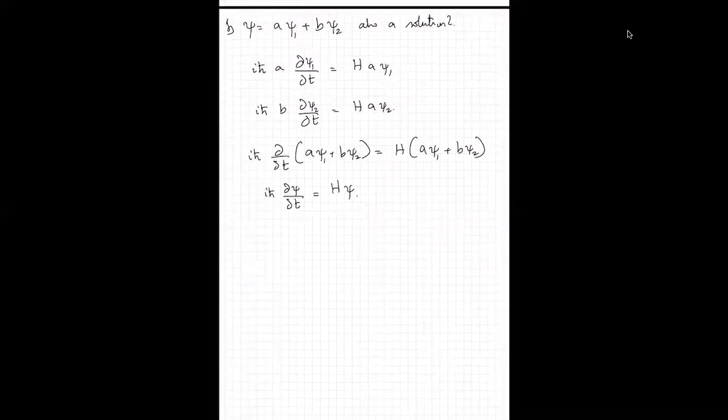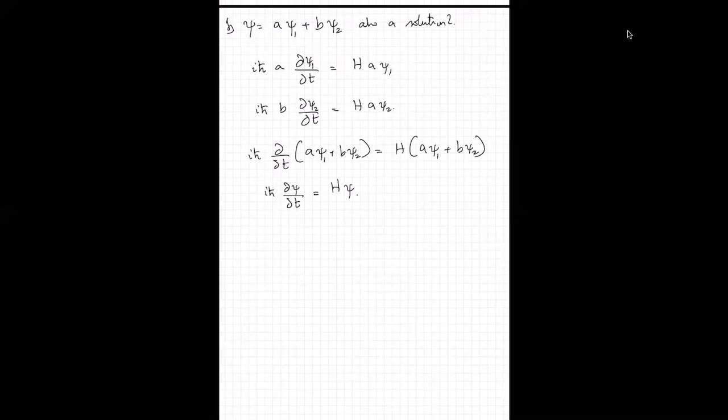So if psi 1 and psi 2 are solutions of the time-dependent Schrodinger equation, then a linear combination of them is also a solution. I can extend this to any number of linear combinations. If psi 1, psi 2, psi 3 are solutions, then A psi 1 plus B psi 2 plus C psi 3 is a solution.